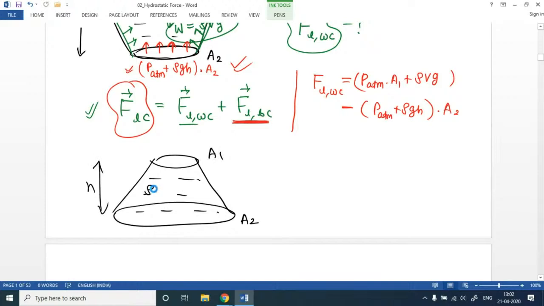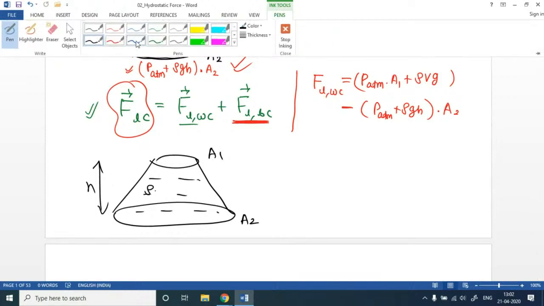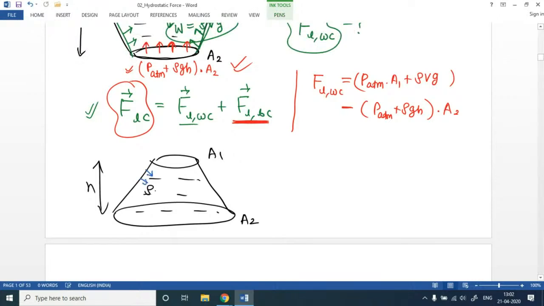So can we now find out the force exerted by the slant face or the wall of the container on the liquid? Now you must realize this force will have a vertically downward component. In the previous question it had a vertically upward component, but here it will have a vertically downward component, and just by doing the force balance you can find out.